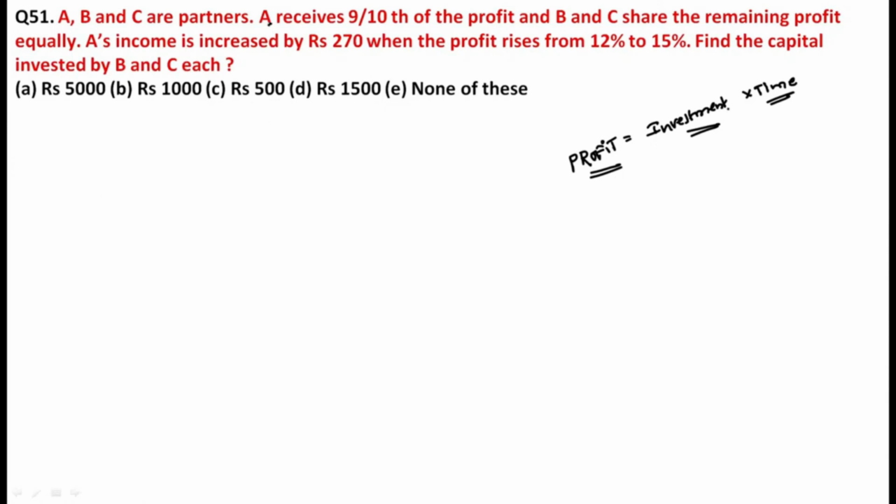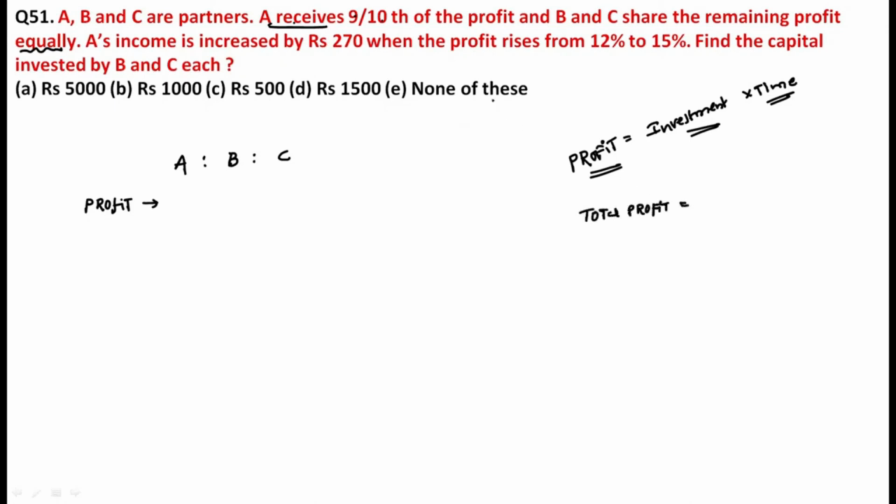Now, A receives 9 by 10th of the profit. It means the profit distribution is the information they gave. A gets 9 units and the remaining 1 unit is received by B and C equally, because they clearly mention it. Now I just consider the total profit for better calculation purposes.